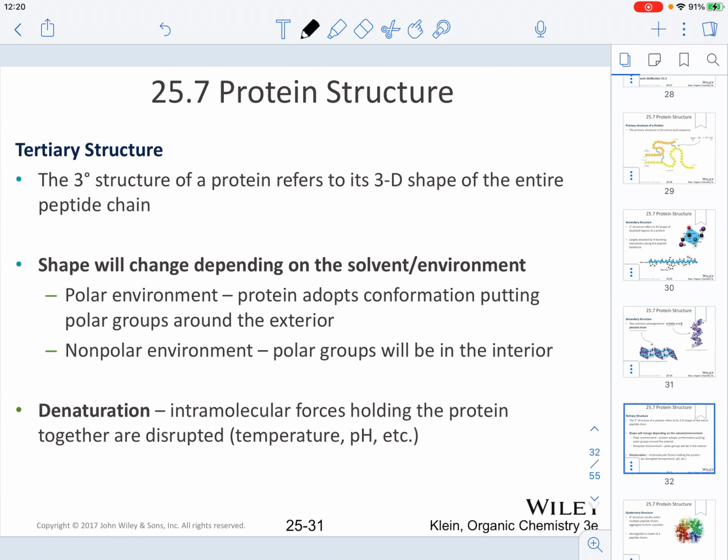The next protein structural level is the tertiary structure. The tertiary structure of a protein refers to the 3D shape of the entire peptide chain.